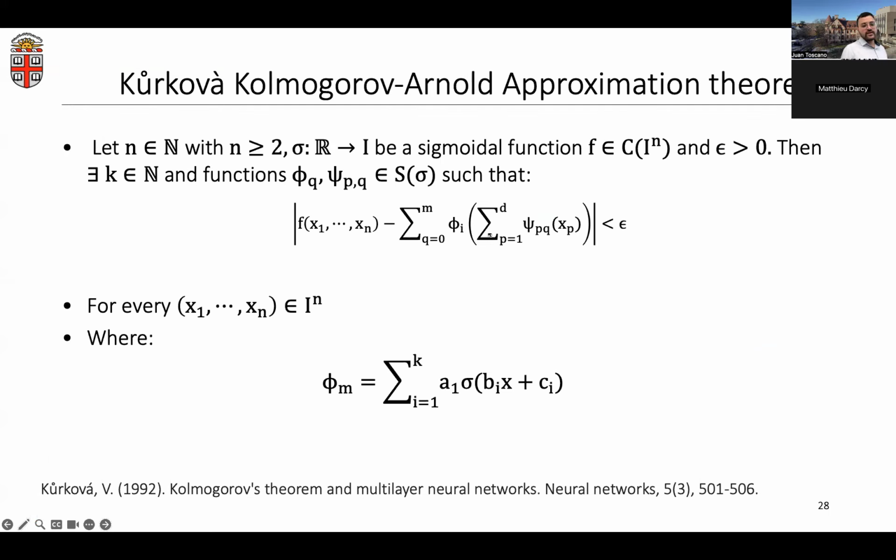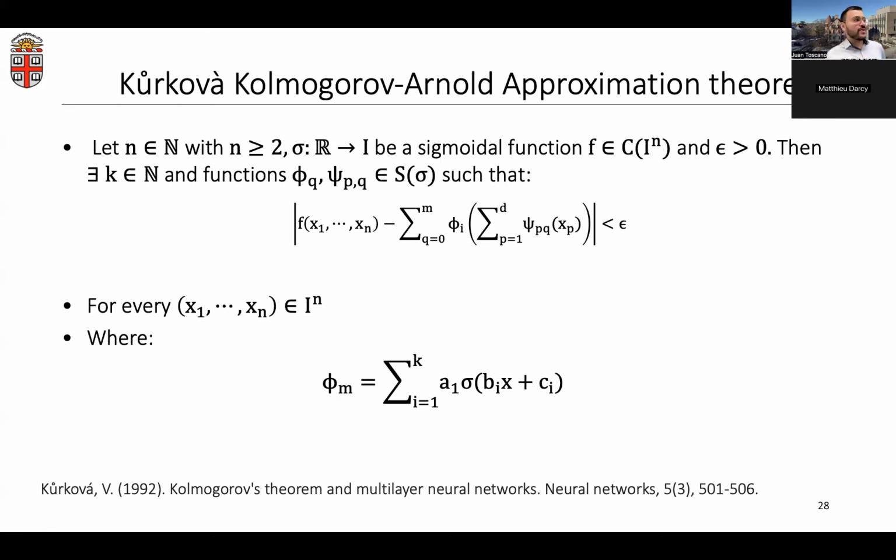It's the same KAN, but you don't have 2D plus 1, you have an M, which should be greater than or equal to 2D plus 1. And then the univariate function can be approximated by a staircase-like function, like a sigmoid function. Quite interestingly, if you plug a sigmoid function in here, you get a 2-layer neural network. So that's how both are connected.